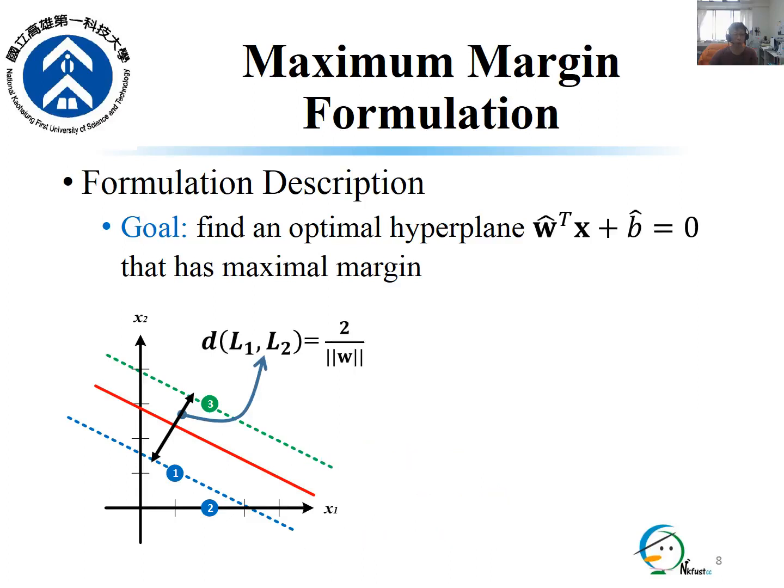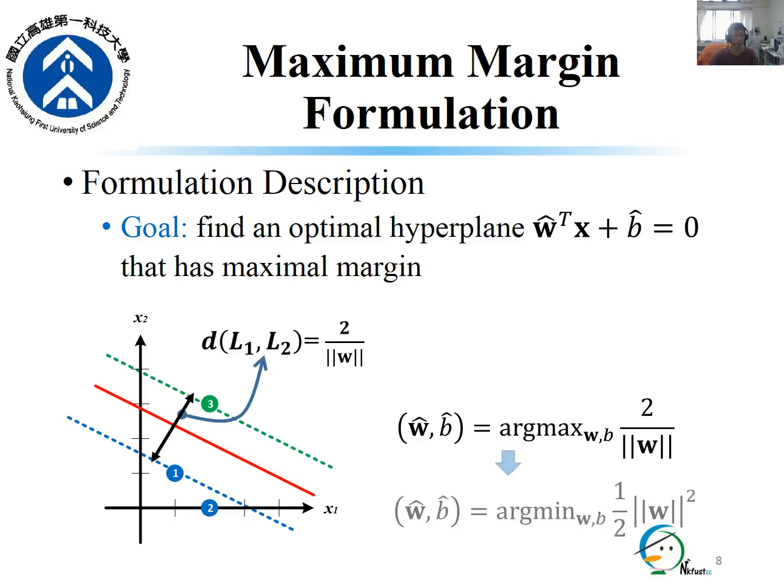That is 2 over W norm. Therefore, the parameters W and B hat of the optimal hyperplane are obtained by maximizing 2 over W norm. For mathematical convenience, it equals to minimizing 1/2 times W norm square.